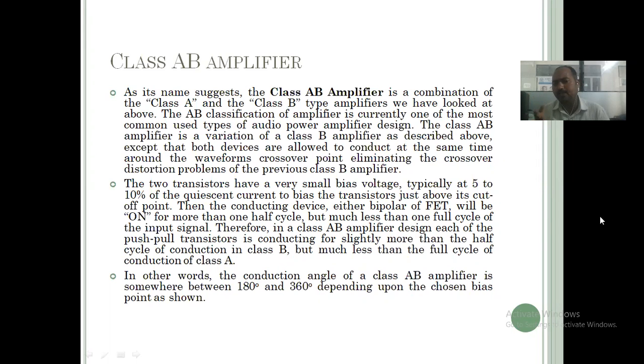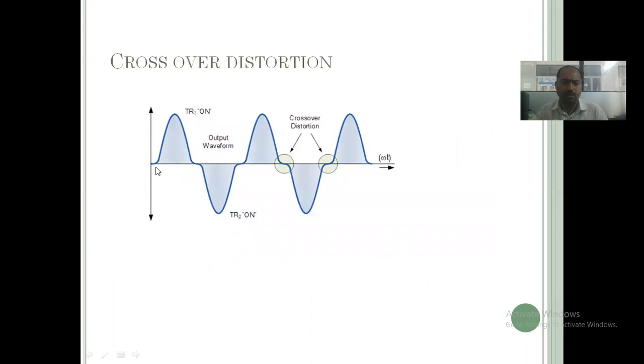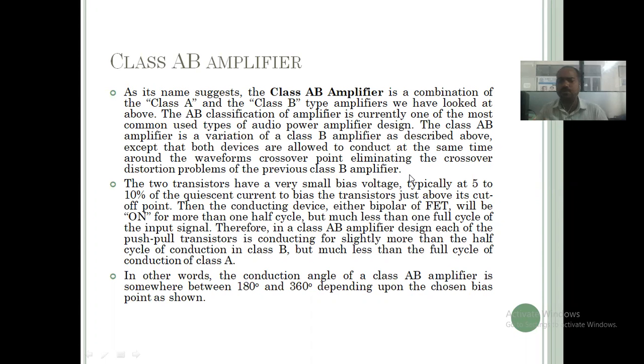But we are applying the biasing voltage. Biasing indicates that we directly apply the voltage to the particular output part of your transistor. So that's why during that portion the output is coming across your devices, either in the 0 to some portion, or the 180 to some portion, means whether positive or negative is changing. In that portion also we have the output. So that's why there should not be chances of crossover distortion. This will happen in case of the class AB type of configuration.